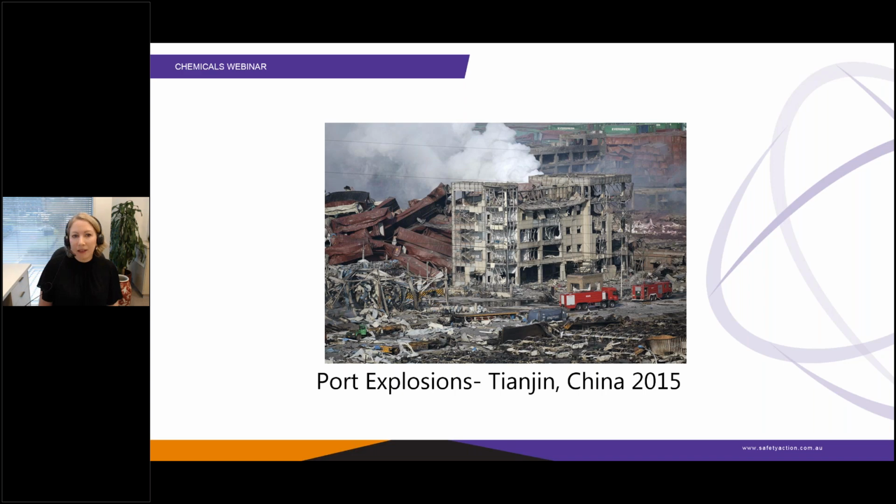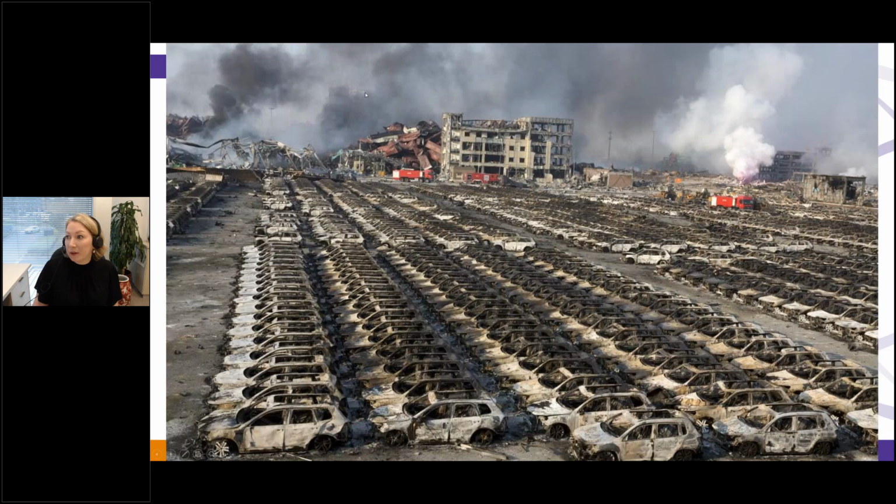You can see in this photo, that area here was where the first photo was. Those are all shipping containers, and all these vehicles, you can see, these explosions have caused severe damage for a very large area. Most of your workplaces don't have the danger of such a severe, dangerous reaction with dangerous goods, but really bad things can happen on a much smaller scale if dangerous goods are not stored correctly.